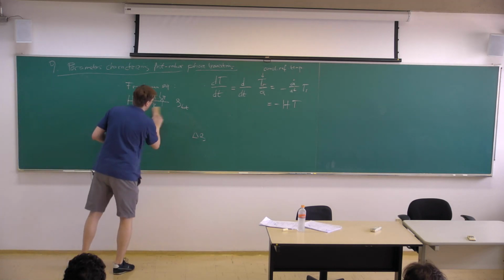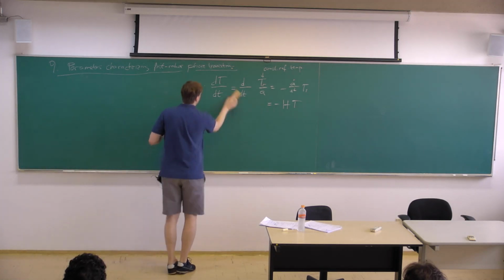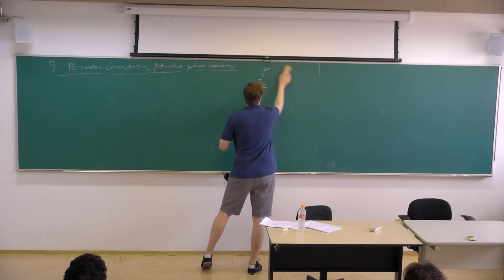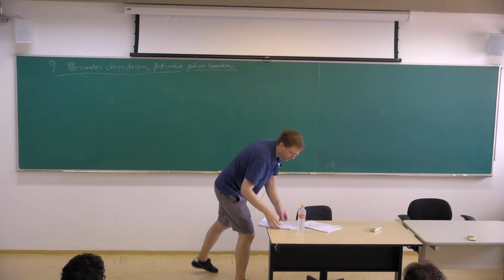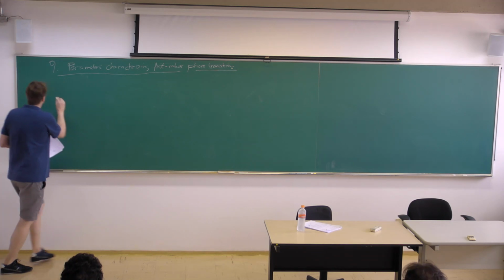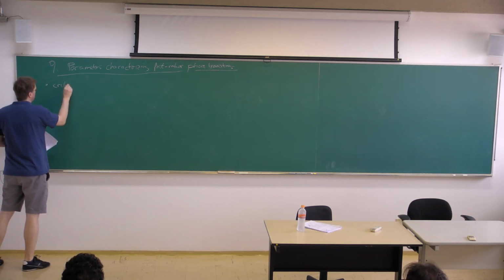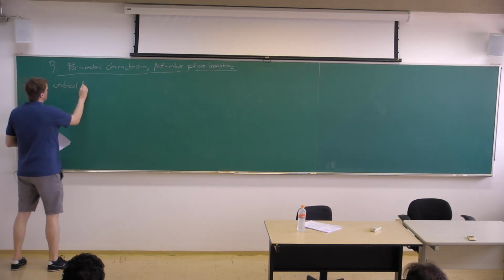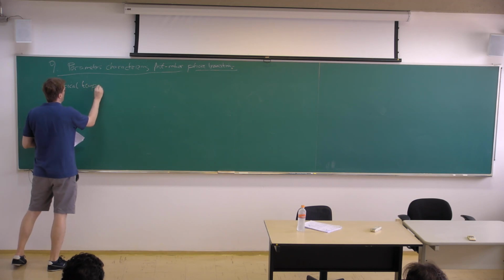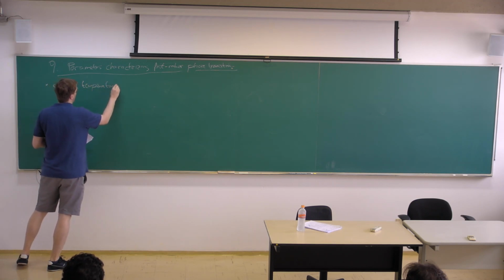Okay, so now I just want to go through some parameters that are important for first order phase transitions. And the first thing is the so-called critical temperature. I think I've mentioned that already a few times, but let me properly define it.